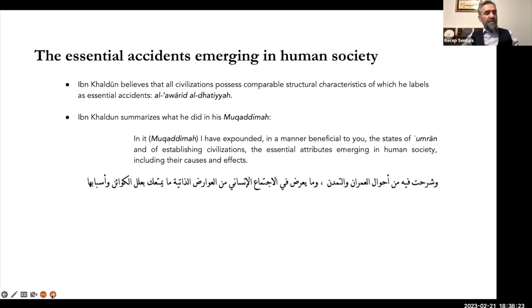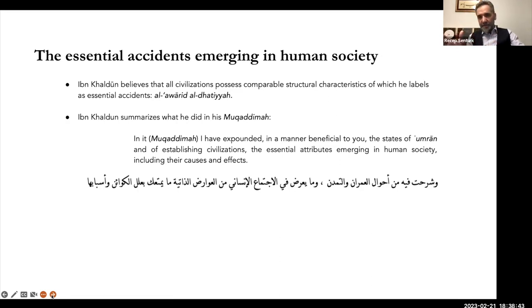Tamaddun has two meanings: urbanization and also building civilization. وما يعرض في الاجتماع الإنساني من العوارض الذاتية, and the things that are attached to human society.